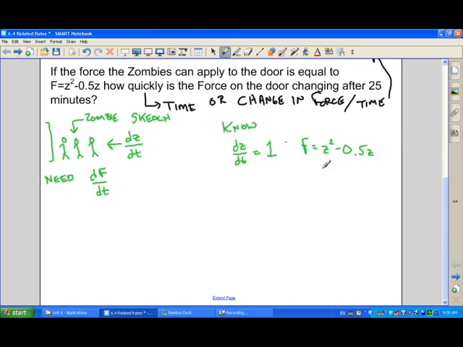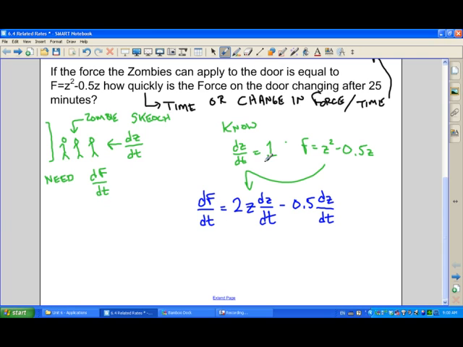So I'm going to take this equation for force and I'll find the derivative with respect to time. So df by dt equals 2 times z times dz by dt minus 0.5 times dz by dt. Again, we have a similar situation to our second example.